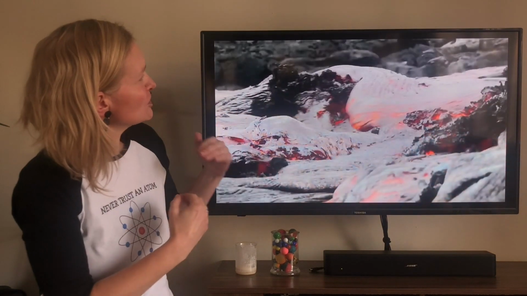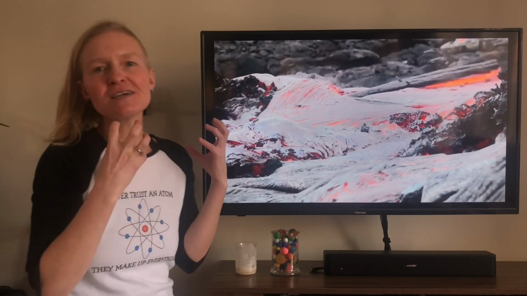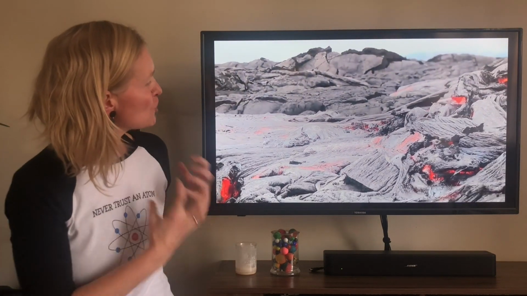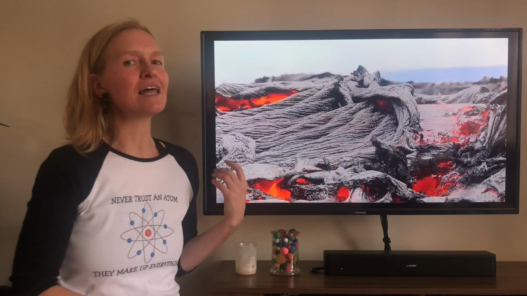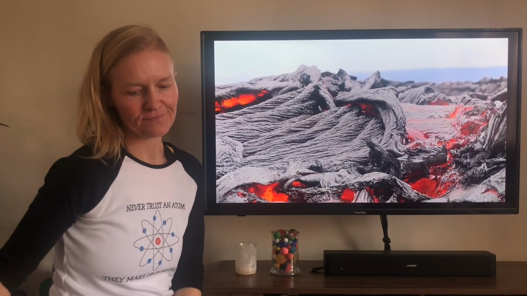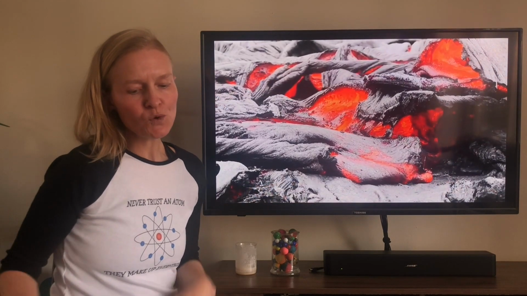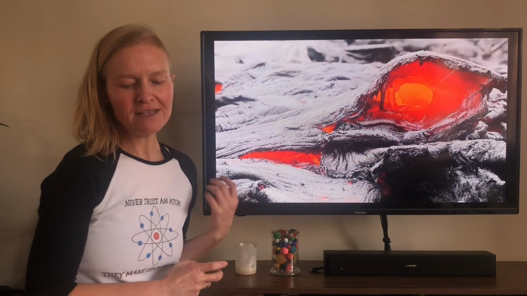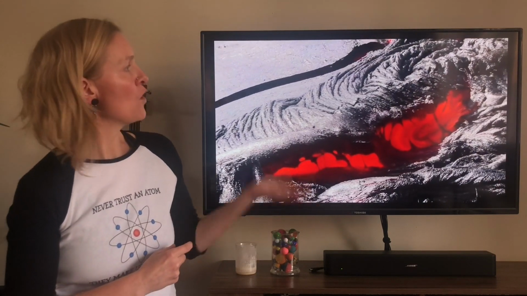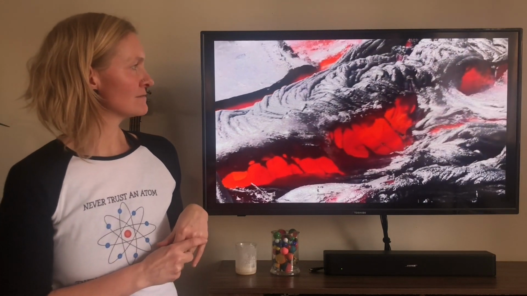It's cooled off enough that it has become solid again. And yet underneath, it's so hot that it's still in its liquid form. And so the state of something depends on whether the temperature or the energy is increasing or decreasing.